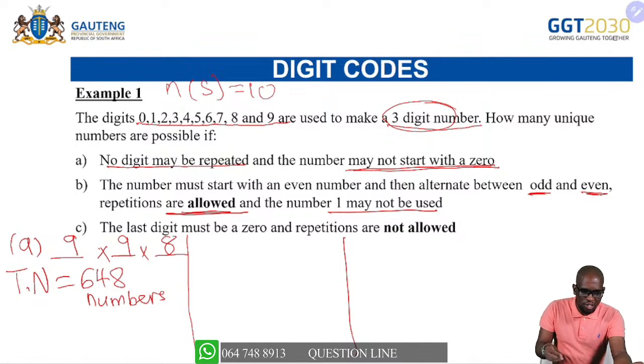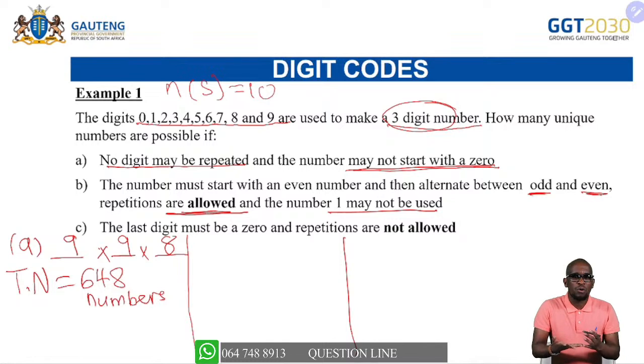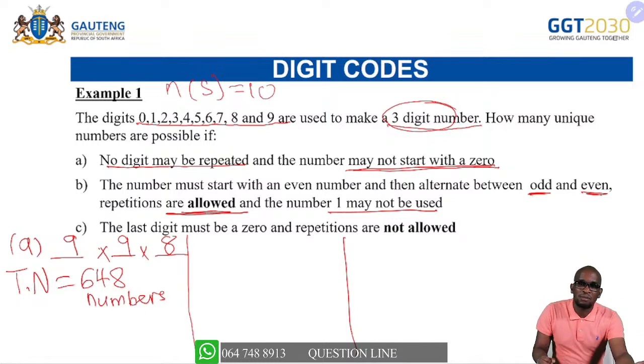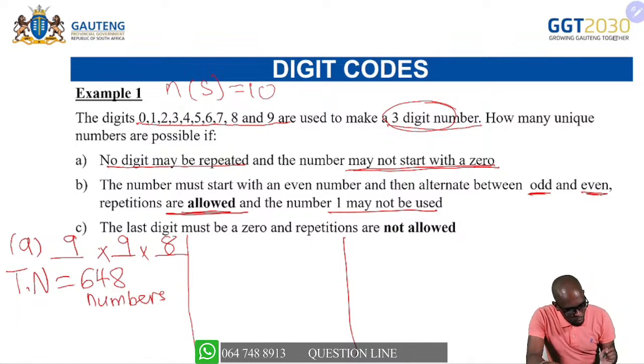But we have another condition here that the number 1 may not be used, which means 1 is removed from the sample size, which means that now in our universal set or in our sample space, we now have 9 available numbers. Now we want to have a 3-digit code.